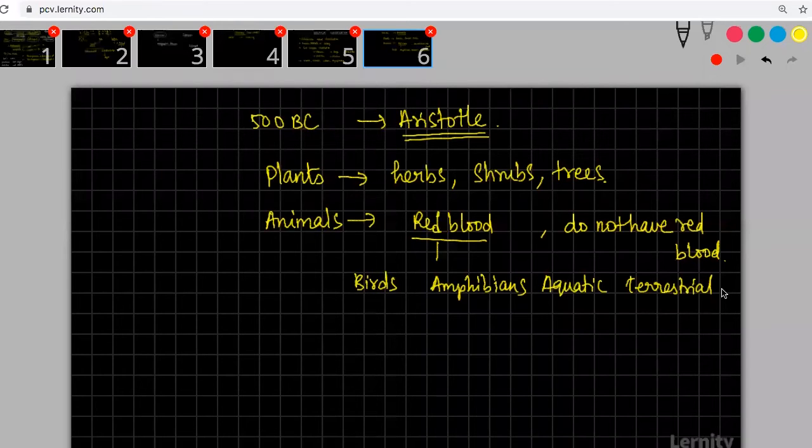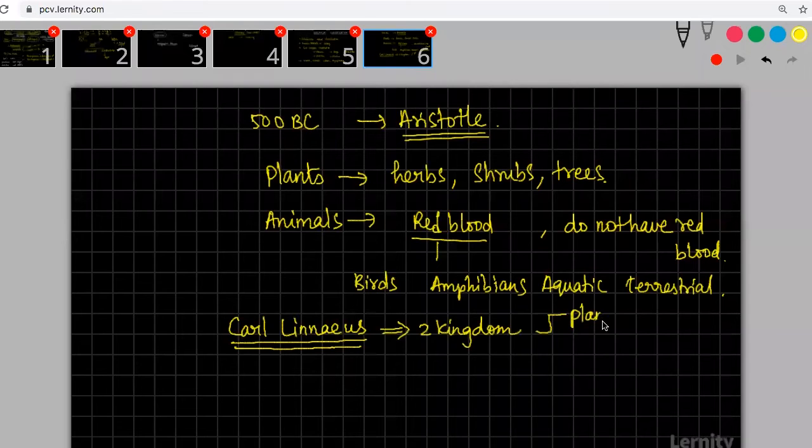And after that, the second person to do something big in terms of classification was Carl Linnaeus, Carolus Linnaeus. He came up with something called a two kingdom classification, in which he grouped all the plants together into one group as Plantae, and all the animals into one group, which is called Animalia.